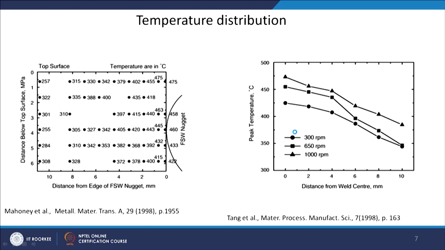Now, let us see the temperature which you achieve usually in this kind of process. A nice profile is given for the temperature. So, this is your FSW nugget zone, where the nugget is, and of course, I cannot measure the temperature in the stir zone, because if I put a thermocouple there, due to stirring it will be destroyed.